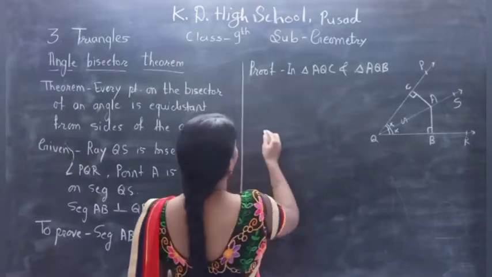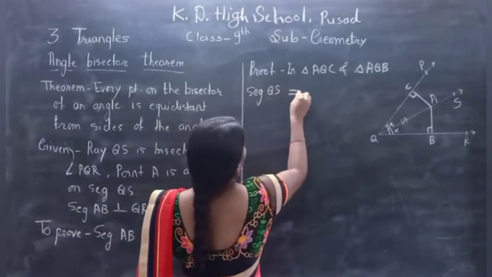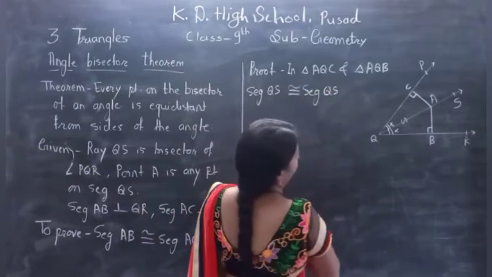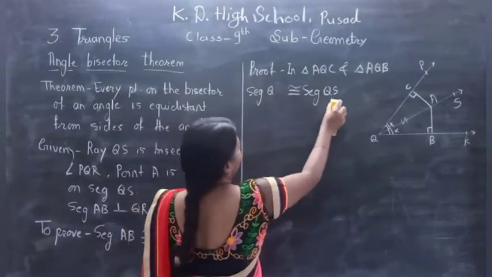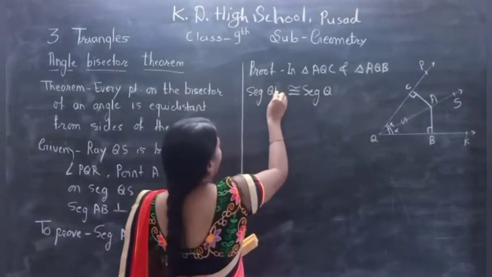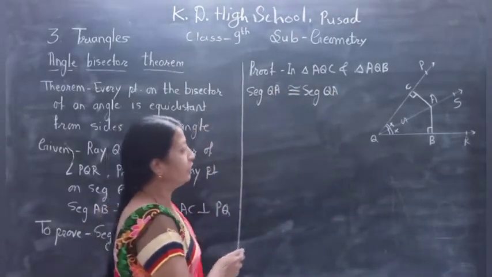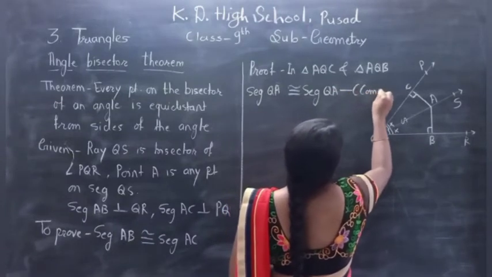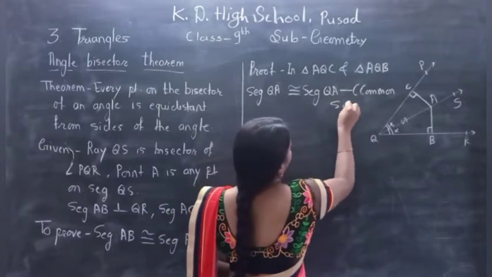So here we write first statement, segment QS congruent to segment QS. Sorry, instead of QS we write QA, not QS. Slip of tongue. Segment QA congruent to segment QA, that is the common side.